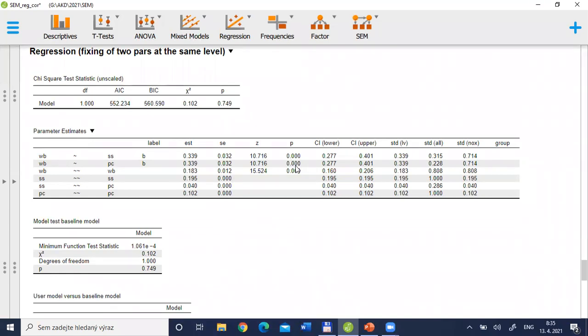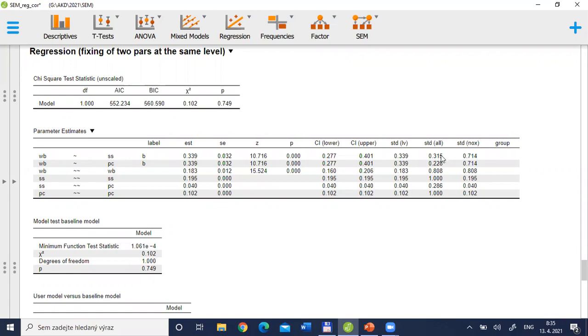And from a substantive point of view, I can evaluate these unstandardized coefficients or standardized coefficients if I like to describe the relationship between well-being and social support. So if I add one more point to the social support scale, well-being would increase by approximately 0.34.